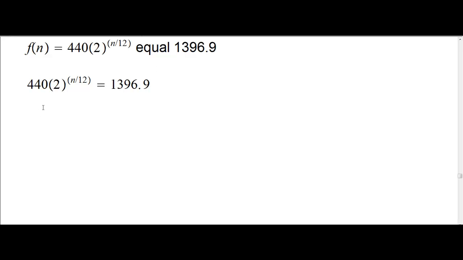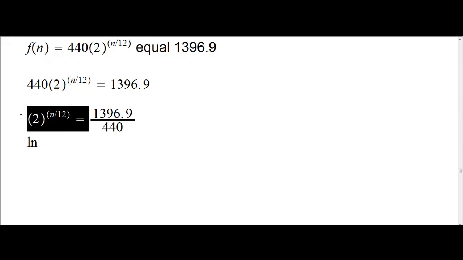So here we are. Oops, sorry about that. That is 1396.9 over 440. And then I have to bring this n down, and who will do that for us? We can use natural log. We could use common logarithm as well, but let's use natural log.